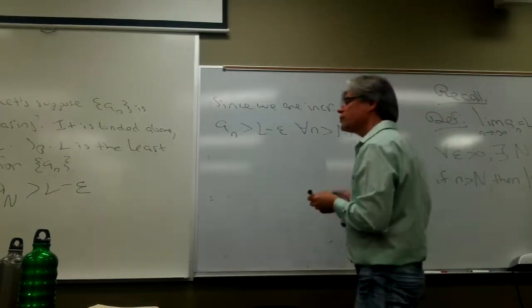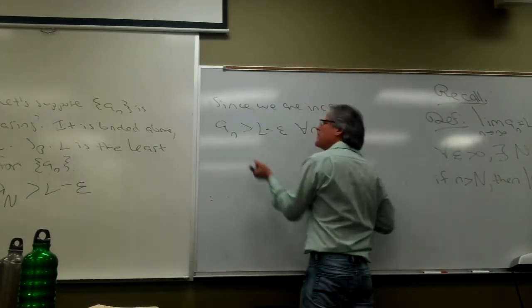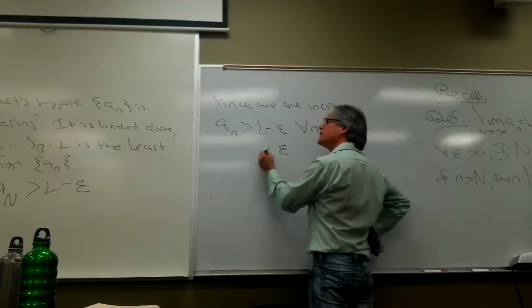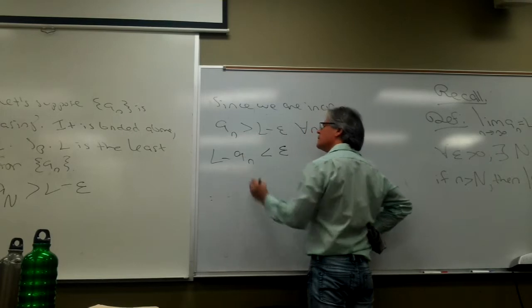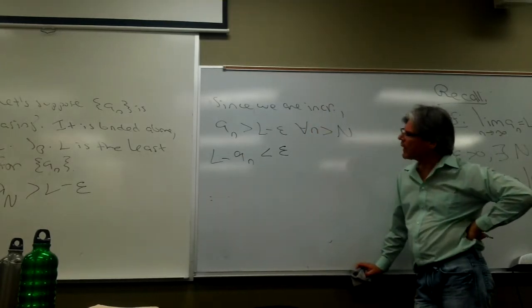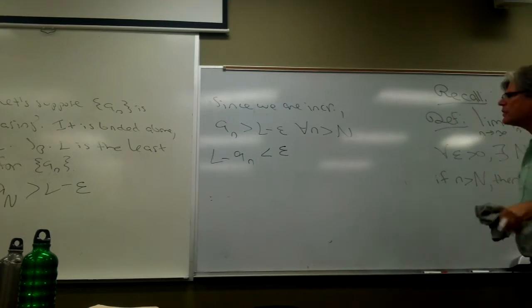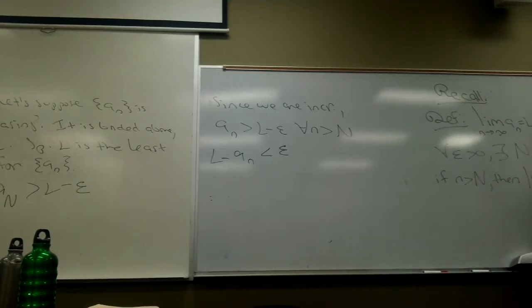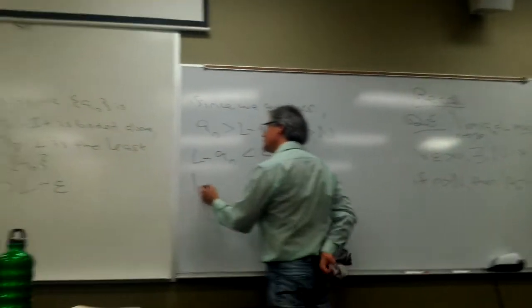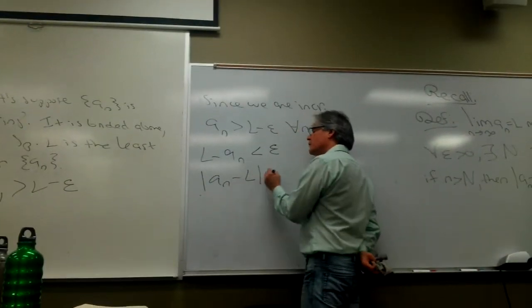So let's give it a shot. If I bring the epsilon to the other side, does that suggest that L minus a sub n is less than epsilon? Oh shoot, that's backwards from what I have over here, isn't it? Actually, it is, because I think a sub n minus L is going to be positive. So, why don't we just force the issue? I think equivalently, a sub n minus L is strictly less than epsilon.